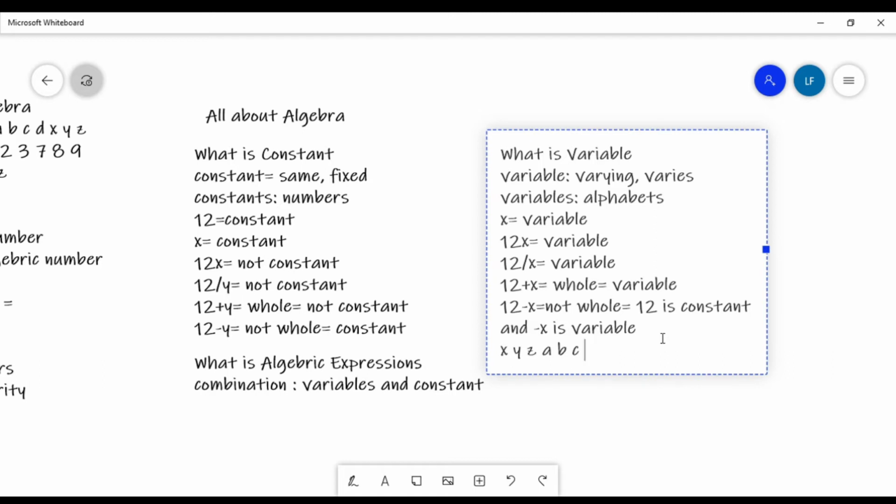And the least common are like r, l, and so on. But that does not stop you from using those variables. You can use any type of variable, just make sure it is an alphabet.